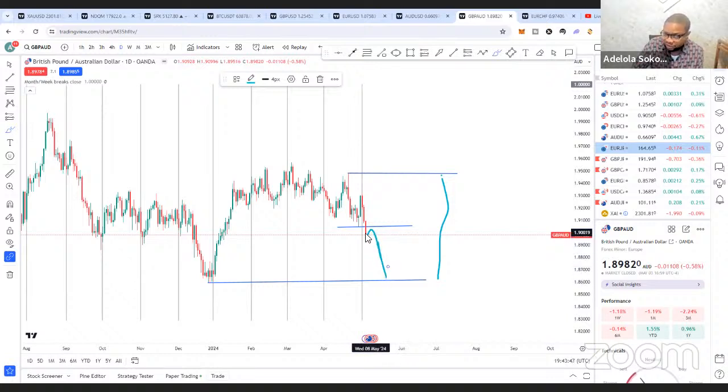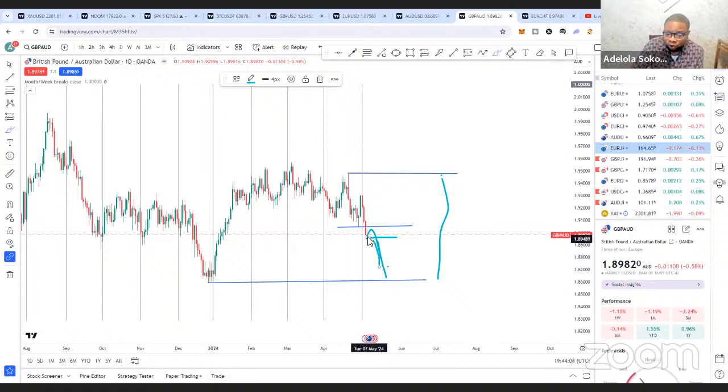All right, so you are waiting right now as the market opens. Don't jump on a sell yet. Like I always say, sometimes when the market opens, price will not pull back. Price will just break this support like this and continue the downtrend.